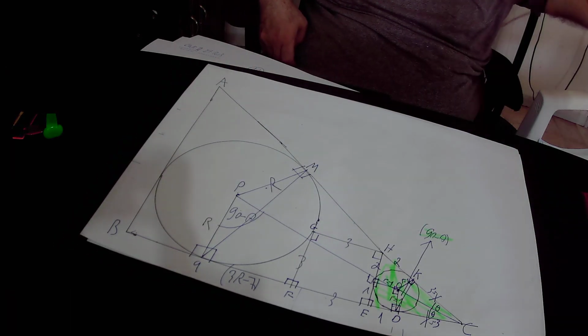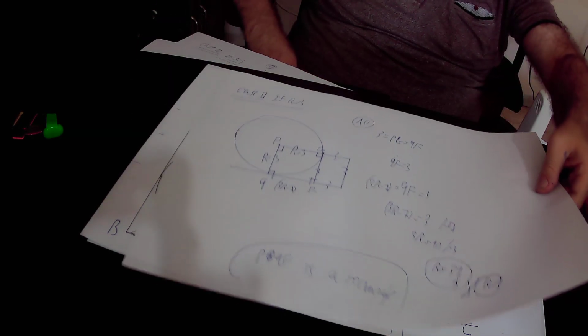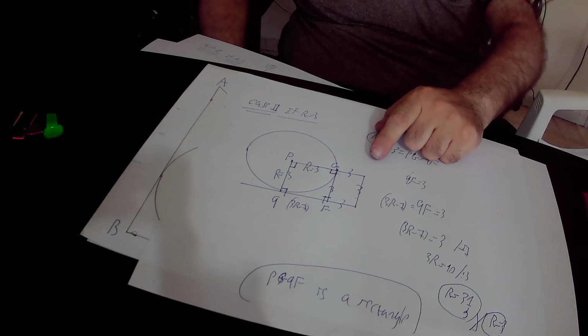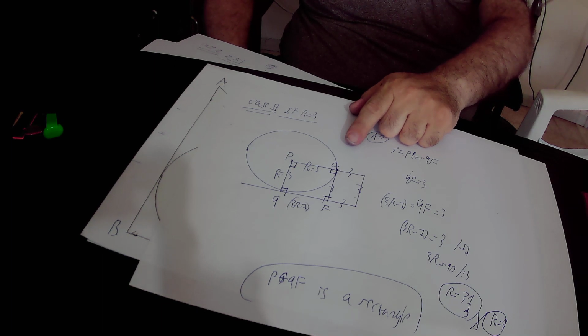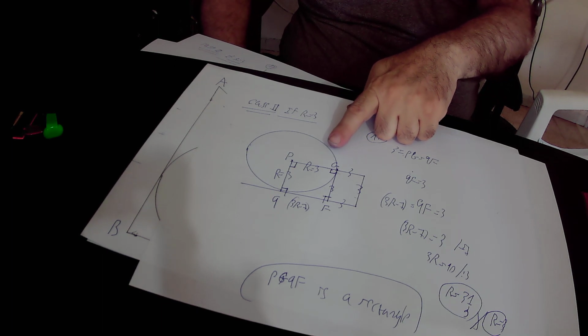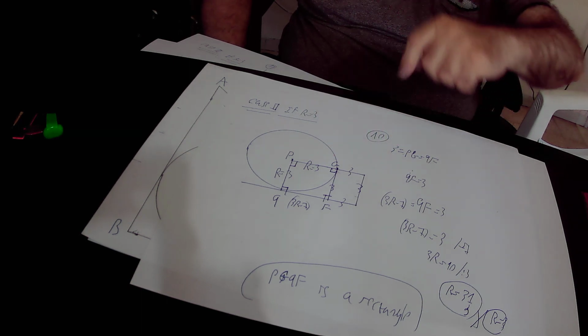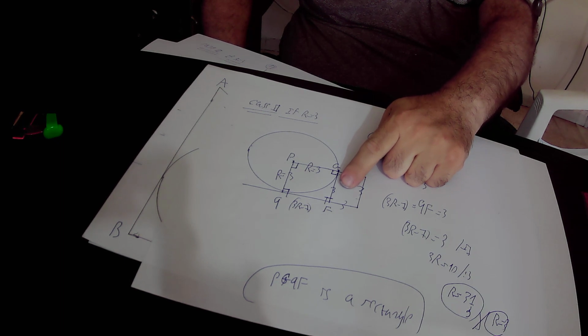Then we examined the second case, that R is equal to exactly 3 units. So if R equals 3 units, here we will have this drawing. R is 3, so this is 3, 3, and the square's side length is also 3, so this is 3 also.